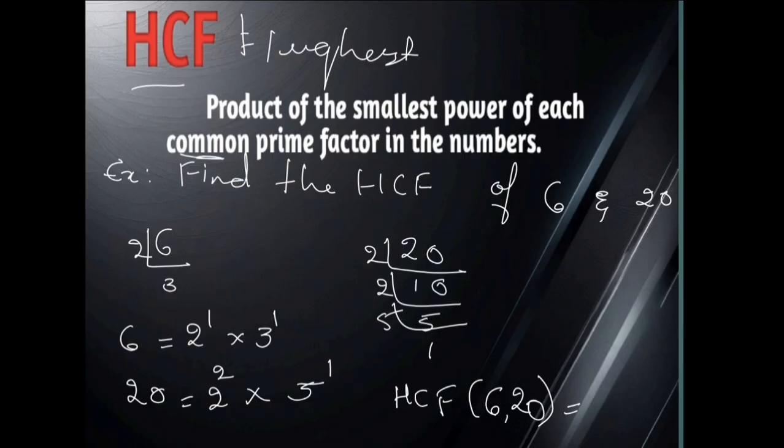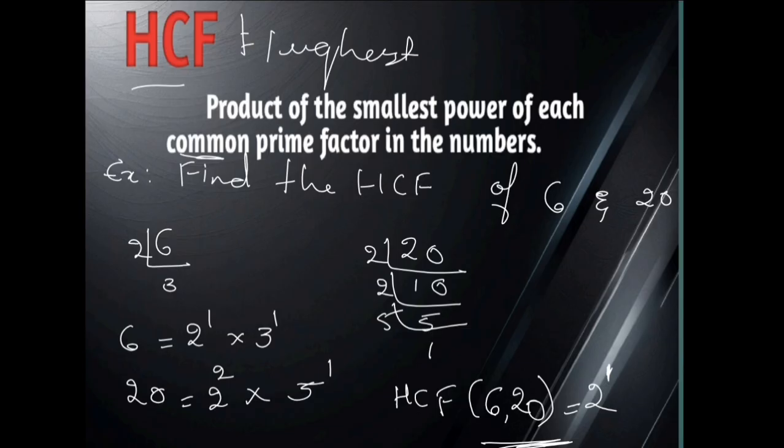When factorizing these two composite numbers, we get a common number, 2. And the product of the smallest power of each common prime factor: the common number is 2 and the smallest power is 1, right? So 2 to the power 1. So this is the HCF of 6 comma 20.